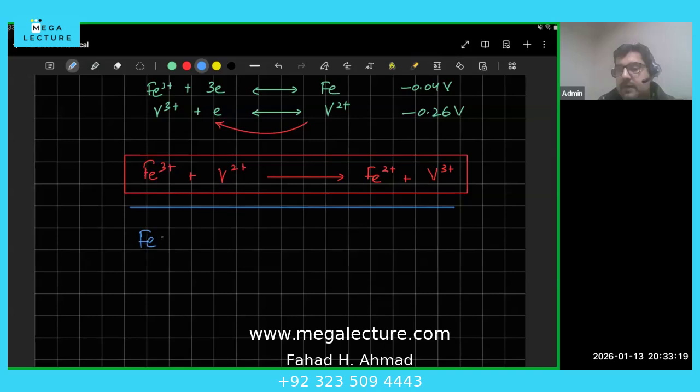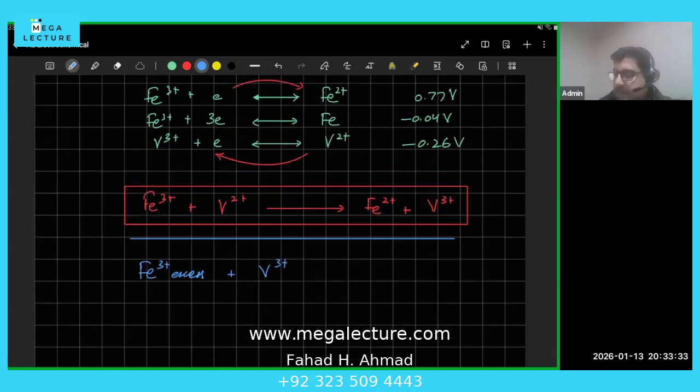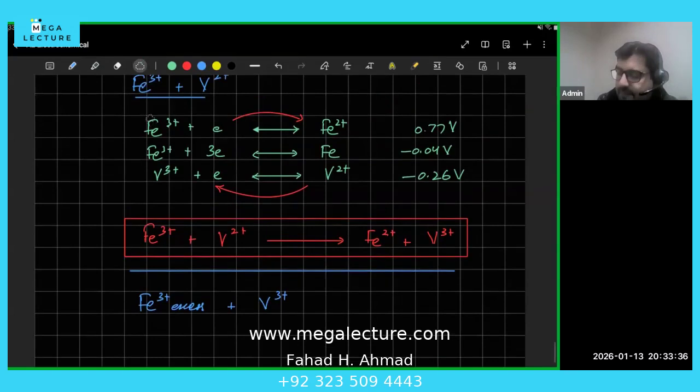So let's say we still have that excess Fe3+, and we're going to see whether it will react with what was formed, V3+. So we're going to see if there's going to be a further reaction with V3+. For Fe, I'm going to copy the same equations.